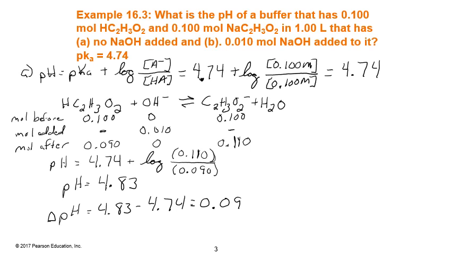So if it was in pure water, we would have a change in pH of 12 minus 7, so a change of 5 pH units, versus 0.09 when we're in the buffer. Having that buffer drastically diminishes the change in pH that we see.